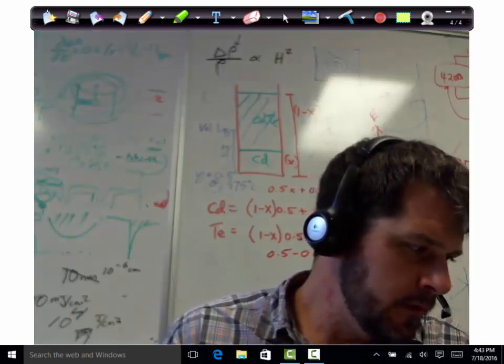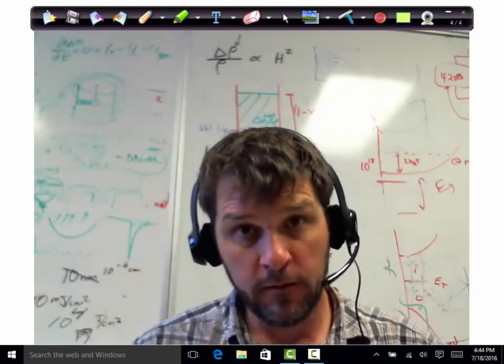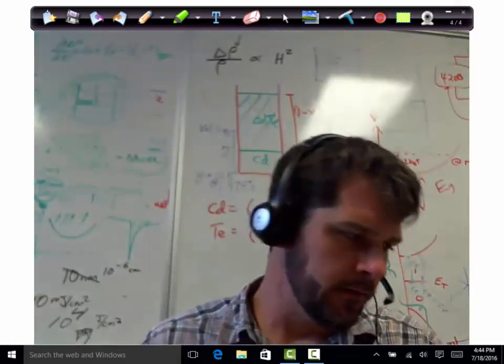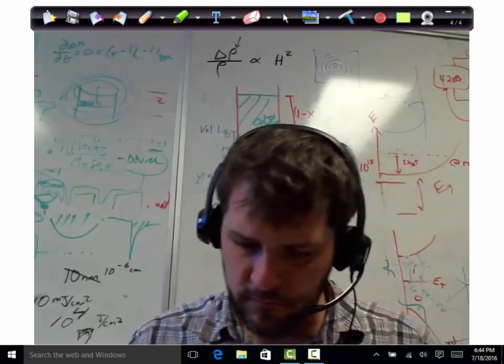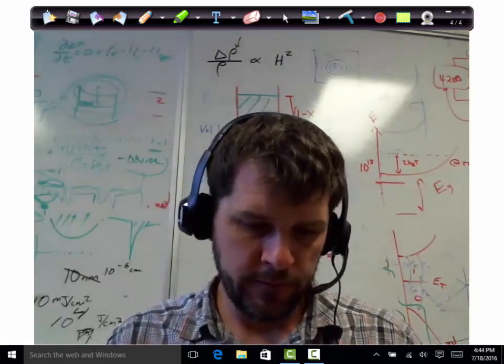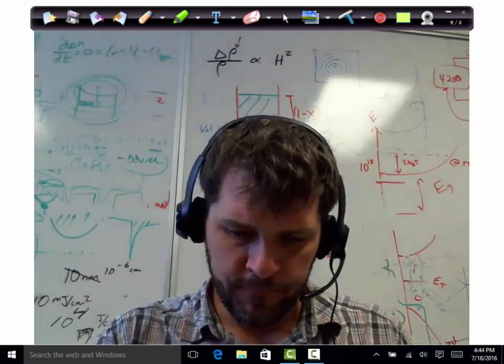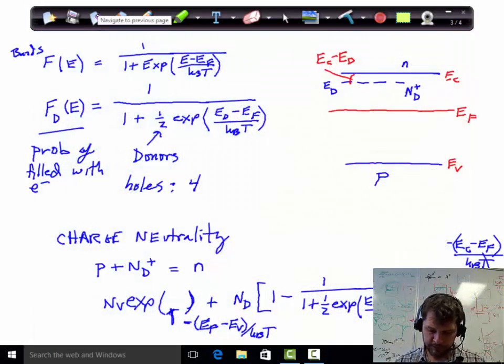Okay, so we can manipulate things, and the book goes through and actually does this example, but in the end you end up having to solve for the position of the Fermi energy in order to self-consistently solve this charge neutrality equation. In some cases, it's possible analytically to do this.